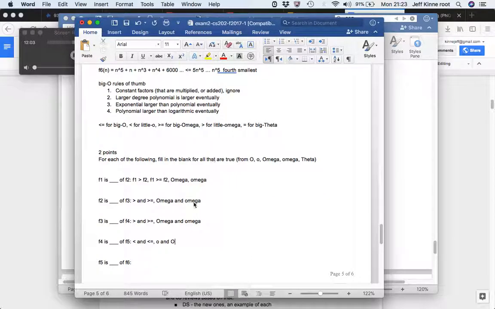Exponential is very much bigger. It's bigger and bigger than or equal to, also known as omega and omega. Put these in the right order here. Little omega means strictly greater than. Big omega means greater than or equal to.